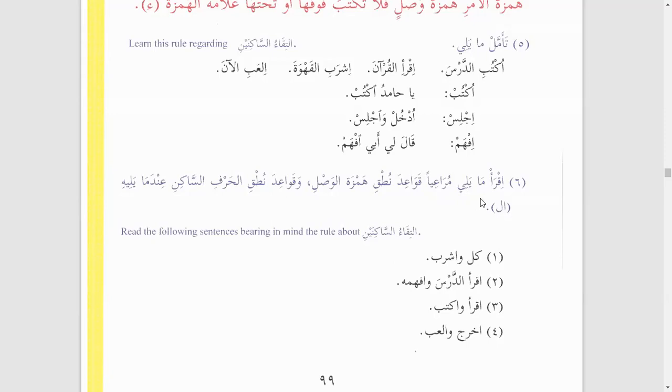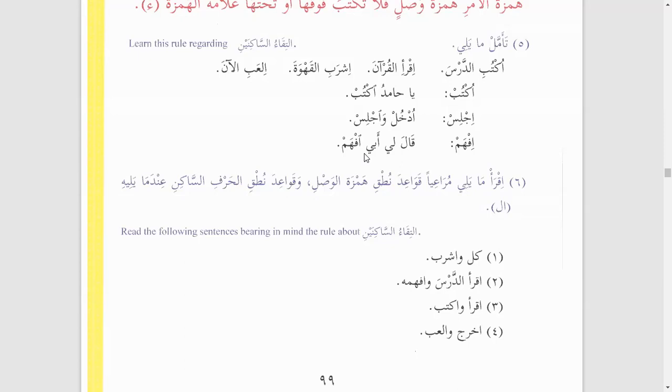Okay, because as we can see here, ya is sakin and hamzatul wasl, we know that when hamzatul wasl is connected, we don't pronounce it. So the rule is we have to connect a letter which is mutaharrik to the letter which is sakin. So mutaharrik means the one that has fatha, dhamma or kasra.